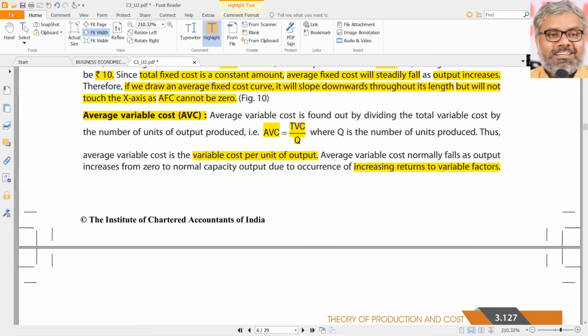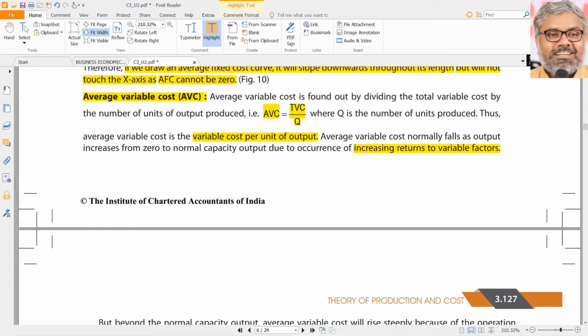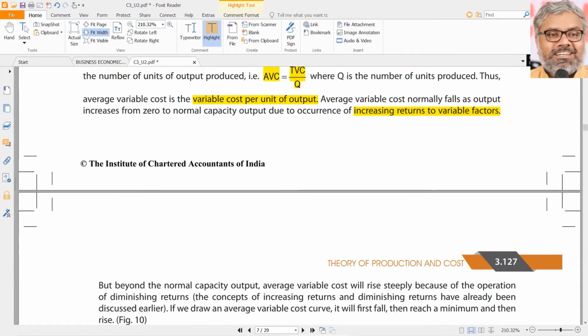Once again, you have to remember the production theories. Without relating them, this will not be understandable. In the short run, in the law of variable proportions, initially what happens? Initially, there will be increasing returns. In the phase of increasing returns, what happens to the average variable cost? Increasing returns means average cost will normally fall as the output is increasing in that phase.